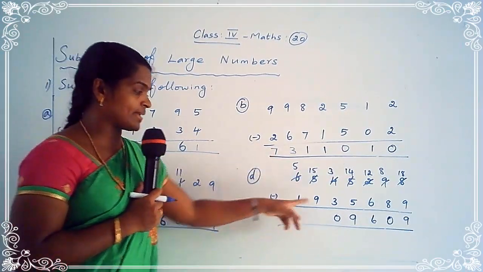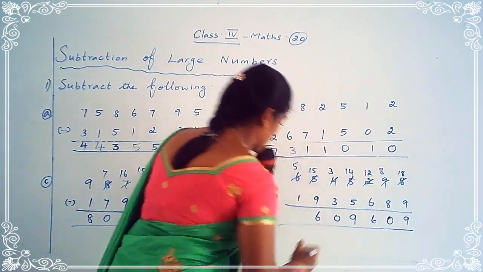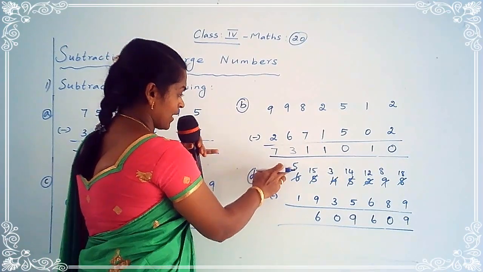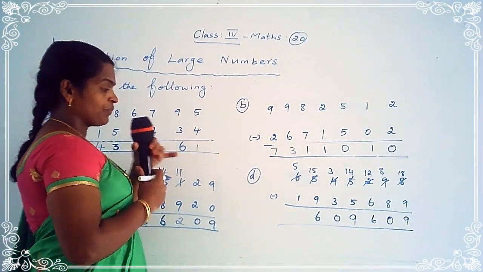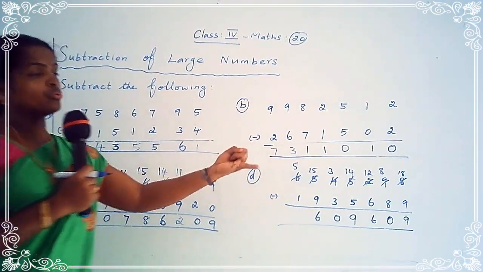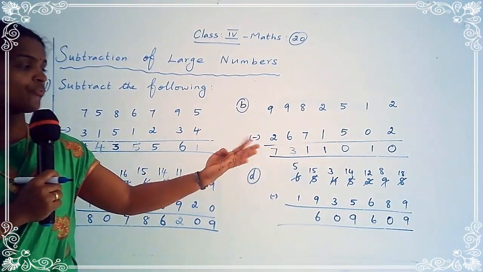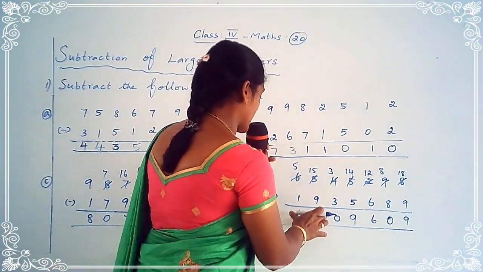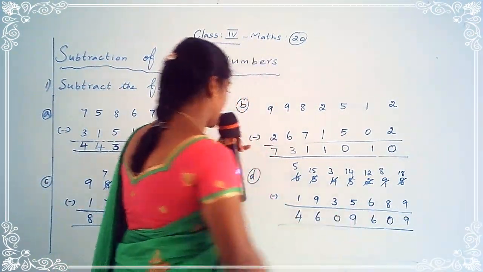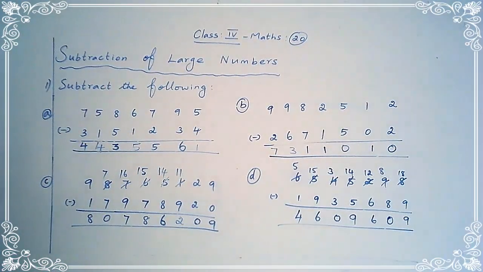So 15 minus 9 is equal to 6. Now remaining here 5 is there. So 5 minus 1. 1 after 2, 3, 4, 5. So 5 minus 1 is equal to 4. So our answer is 46,09,609. Okay children, are you clear?